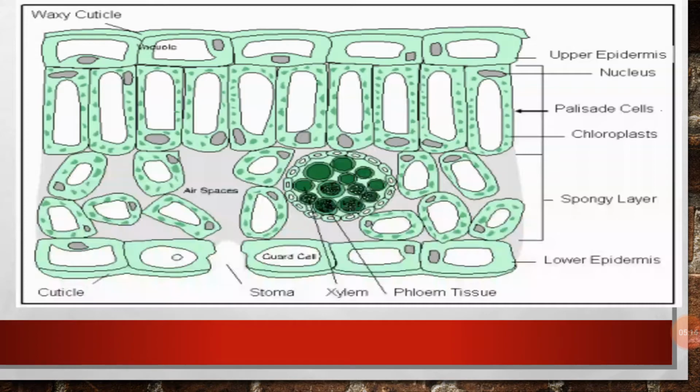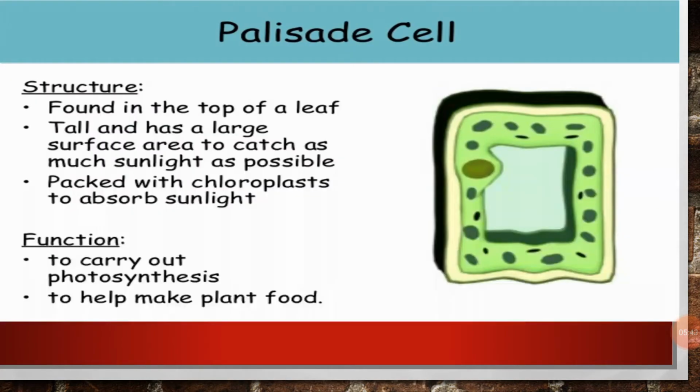Okay, this is the structure which shows the leaf, and you can easily observe the palisade cell here. And inside these palisade cells chloroplast is present, and look at this one, inside the chloroplast chlorophyll is present, that is helpful in photosynthesis.